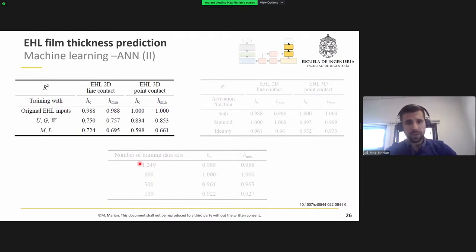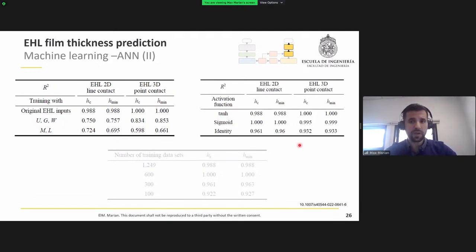Similar to SVM and GPR, training the data with only the dimensional groups instead of the original input parameters resulted in a downgraded prediction accuracy due to the inconsistency in the training database. We further varied the activation functions of the neural networks. This is still for the ANN with 12 neurons in 2 hidden layers, after training with hyperbolic tangent, as in the cases before, as well as a sigmoid logistic and a linear identity activation function.